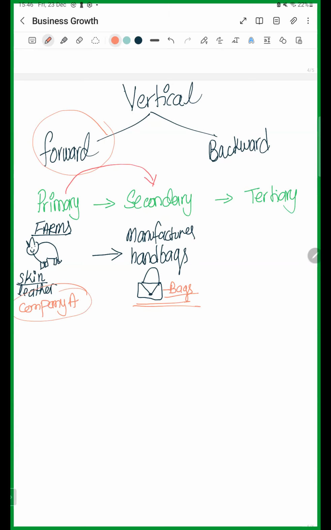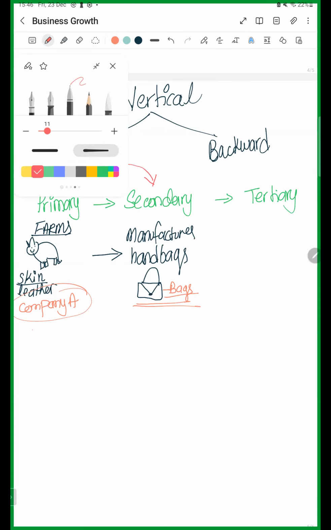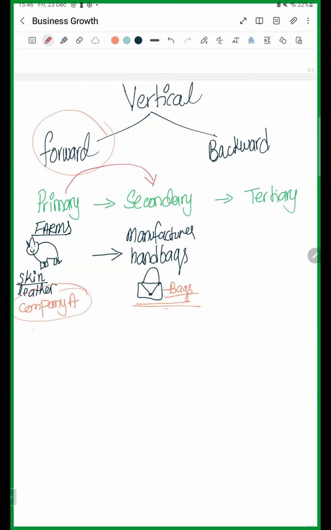So company A becomes rich, and they're like, you know what? Instead of just providing leather, how about I also start producing handbags? So they talk to their customer, the bags company. They're like, hey, listen, I want to produce bags. Let's merge.